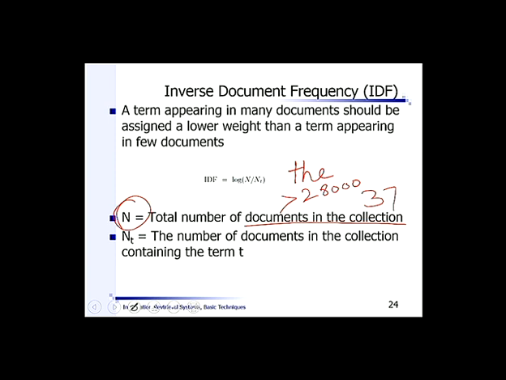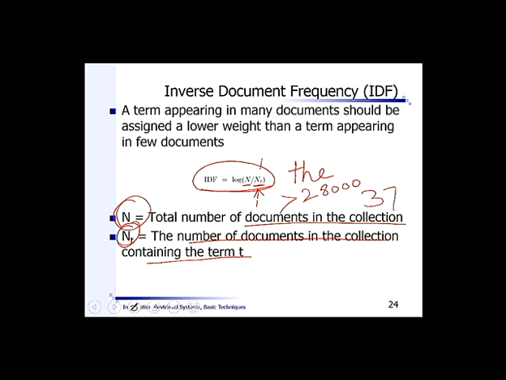So how do we calculate IDF? We divide the number of documents by the number of documents in which the term T appears. So NT is the number of documents in which the term T appears. The higher this value is, the lower the value we get for IDF.